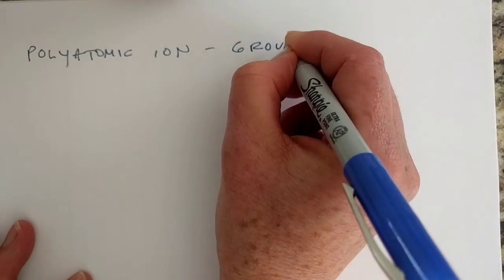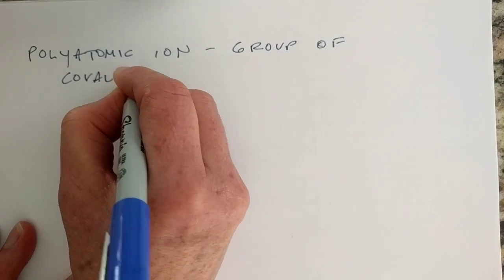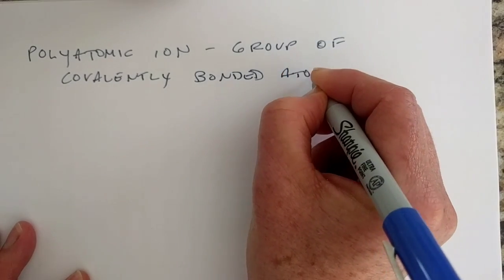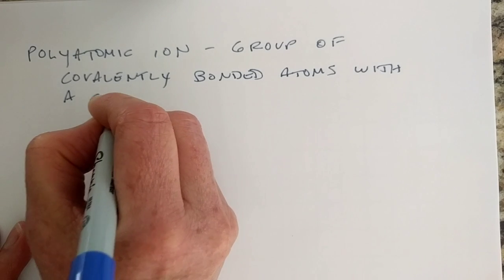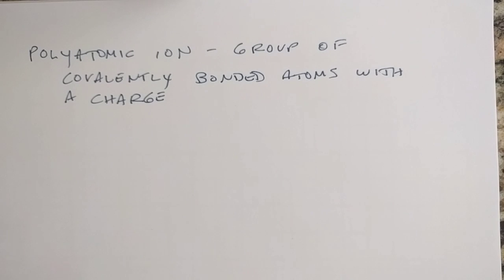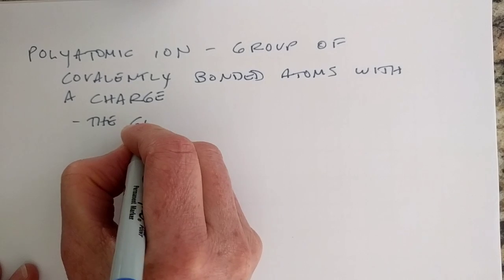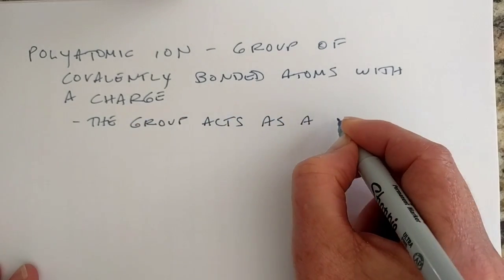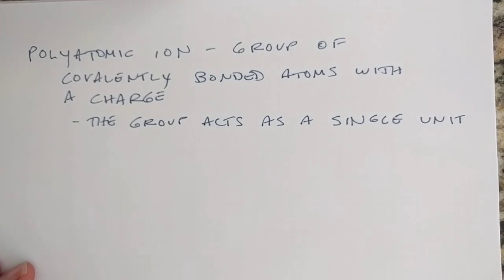When we have compounds, the entire group acts as a single unit. The group acts as a single unit, and we'll be seeing that when we do our formulas and nomenclature.